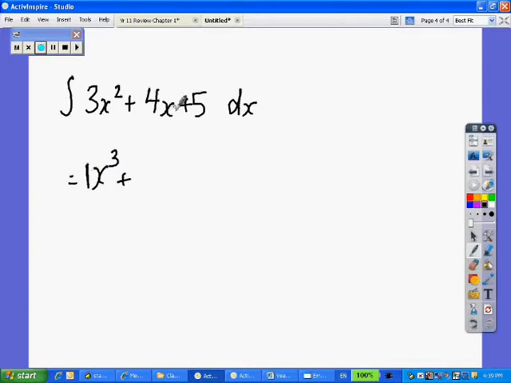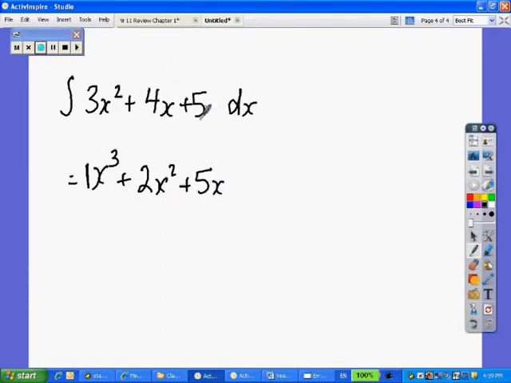Plus, now for this term, n is 1, n plus 1 is 2. So I'm going to have 4 over 2, which is 2x, and that's going to be squared because n plus 1 is 2, plus 5x.